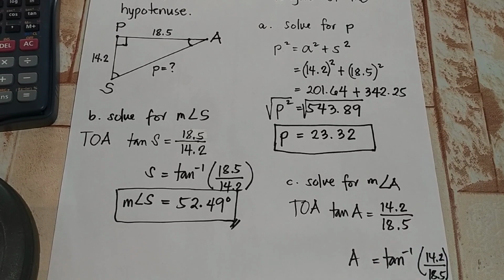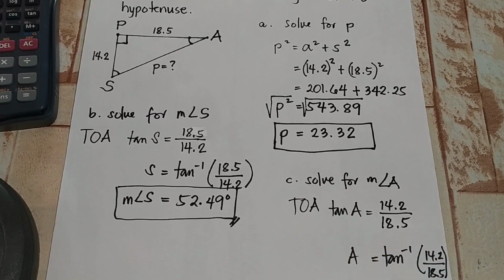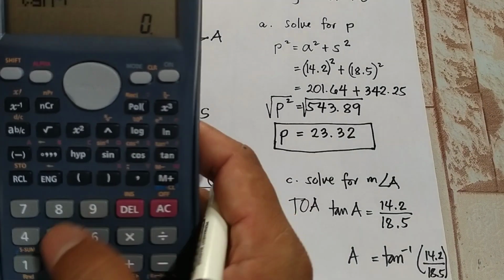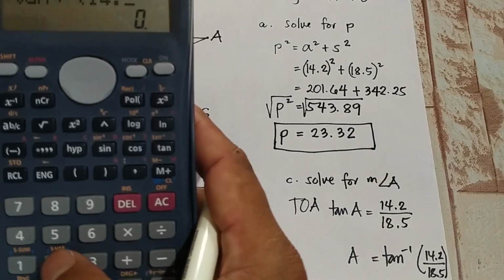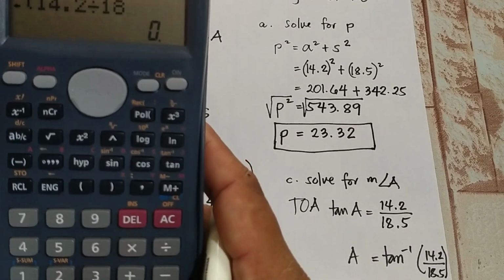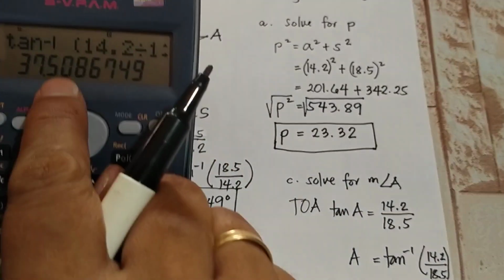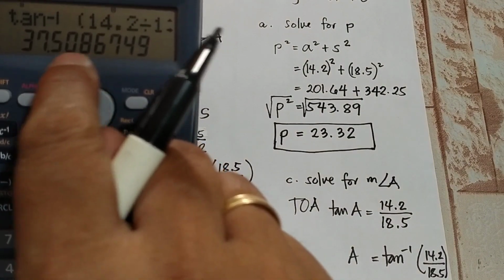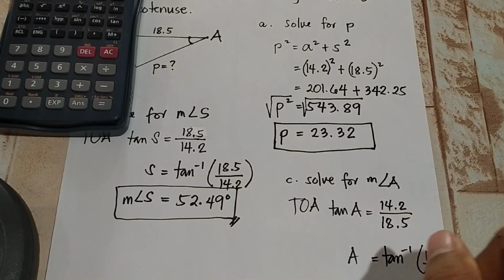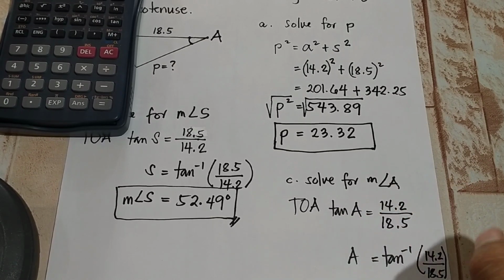Make sure to use the parentheses for you to have the exact value. Using our calculator, shift tangent, open, then 14.2 divided by 18.5. There you go. The answer is 37.51, rounded to two decimal places. So 37.51 degrees is the measure of angle A.